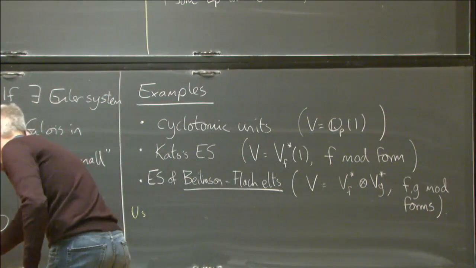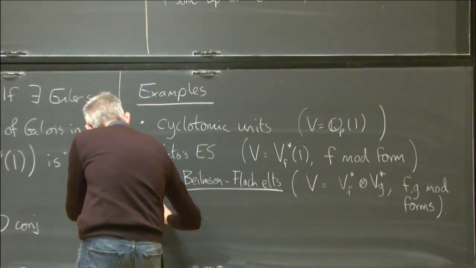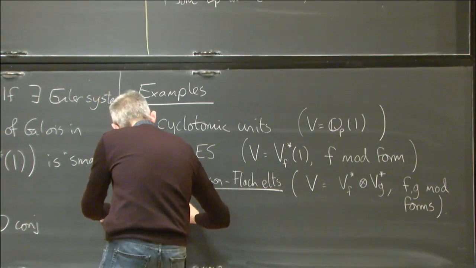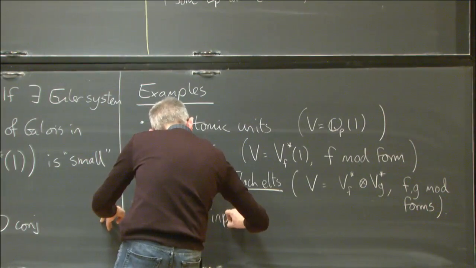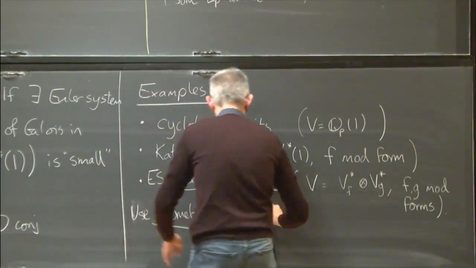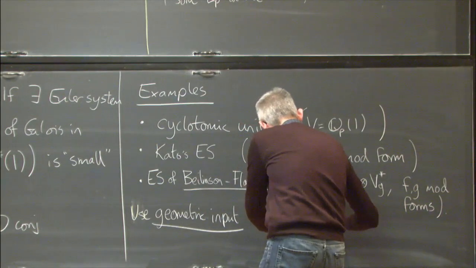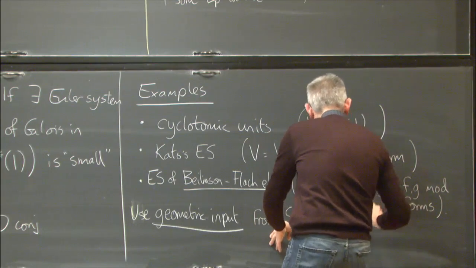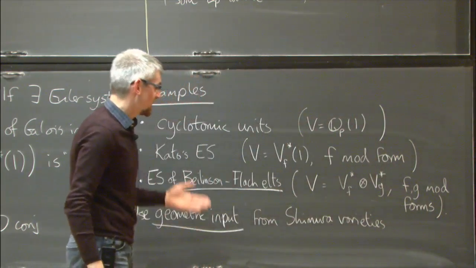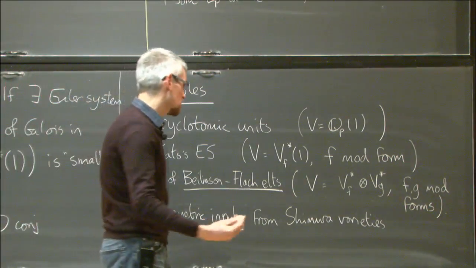Let's chalk it up. So you find your representation in the Shimura variety, and then you use algebraic cycles, units, geometric things on that variety to cook up cohomology.